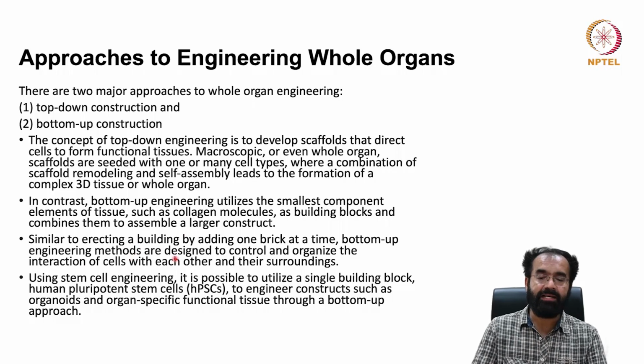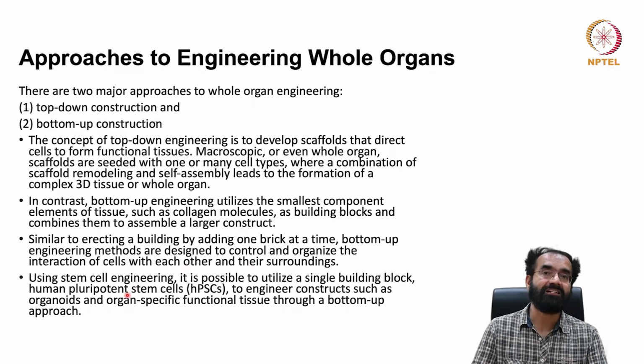Similar to erecting a building by adding one brick at a time, the bottom-up engineering methods are designed to control and organize the interaction of cells with each other and their surroundings. This is how they work.